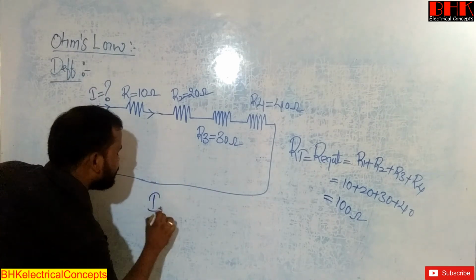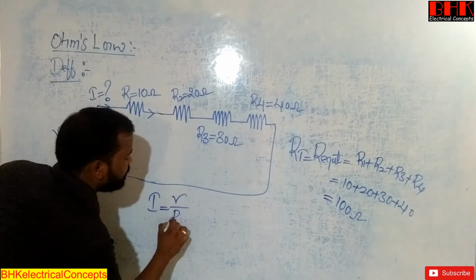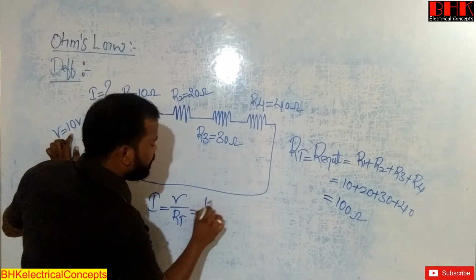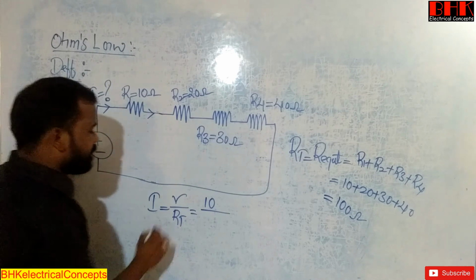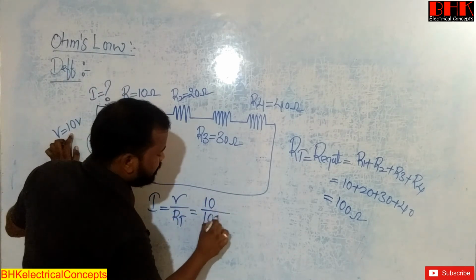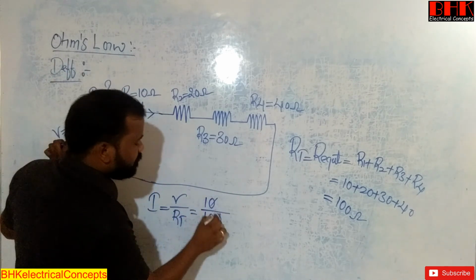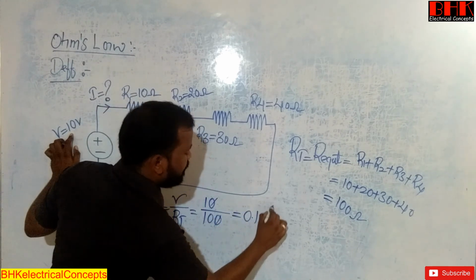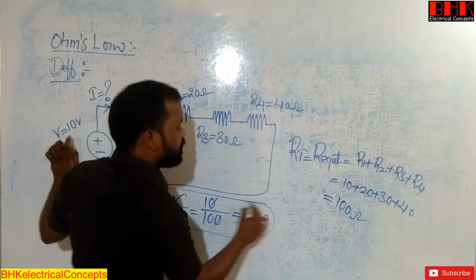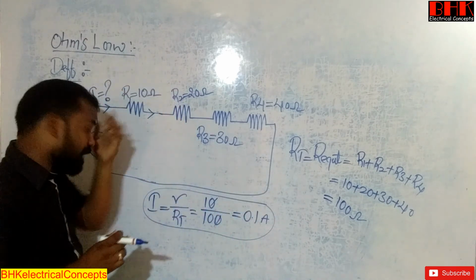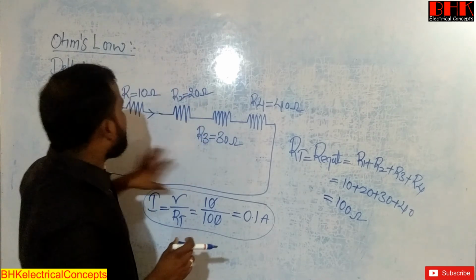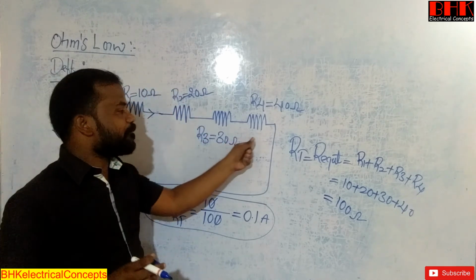Now I is equal to V divided by the total resistance RT. V is 10 divided by 100, which is 0.1 ampere. So 0.1 ampere of current will flow in this circuit if all these resistances are connected in series.